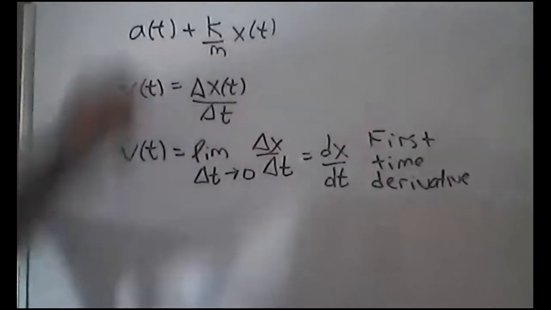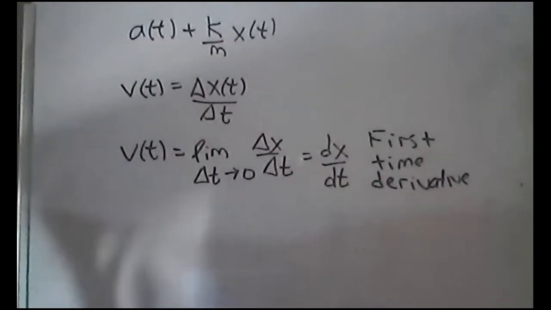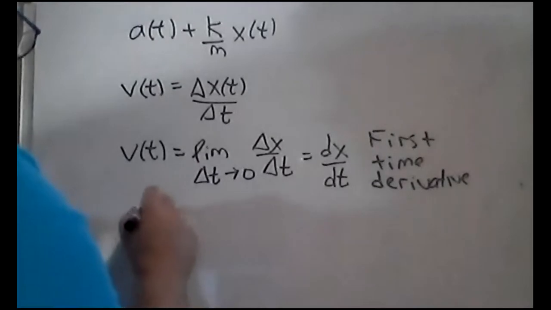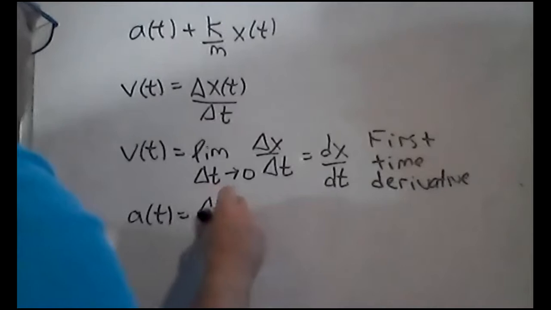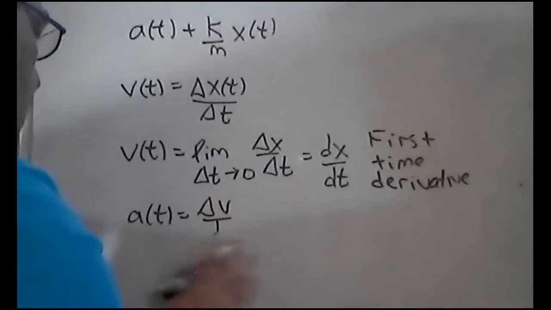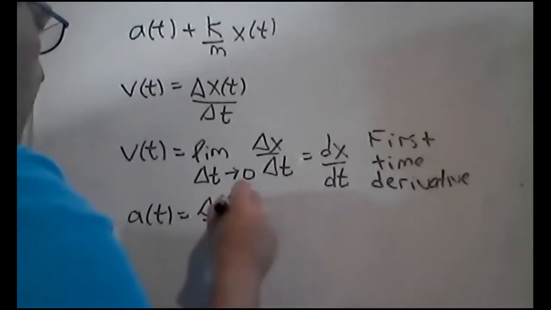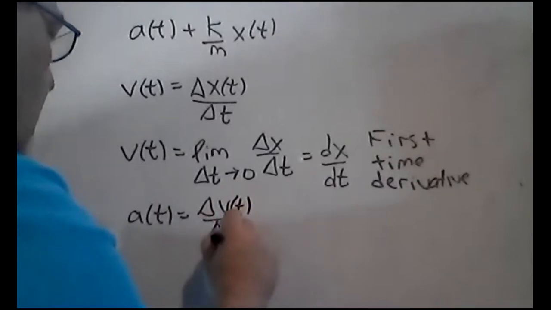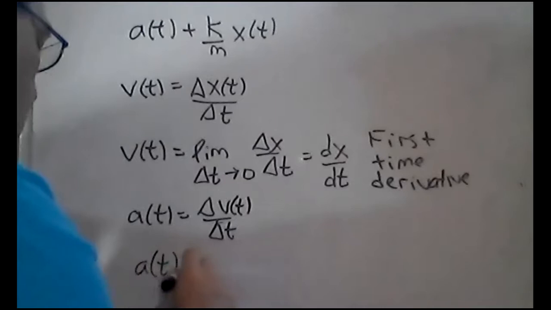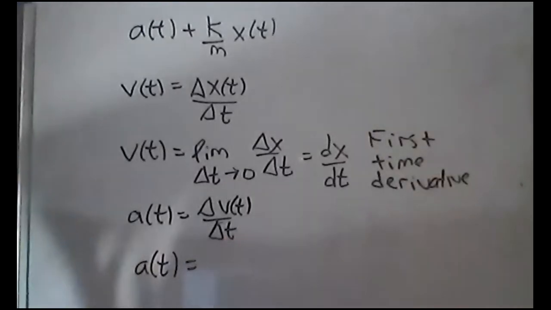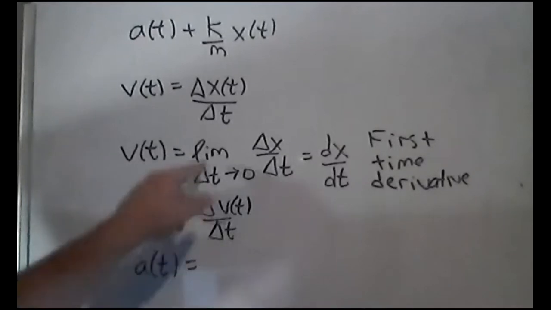However, I want the acceleration, so I have to do this same operation one more time. The acceleration is the time rate of change of the velocity. But again, for the same reasons, that's not good enough. I have to take the limit. And all calculus is, by the way, some people find it intimidating, but it's only algebra with the concept of limit.